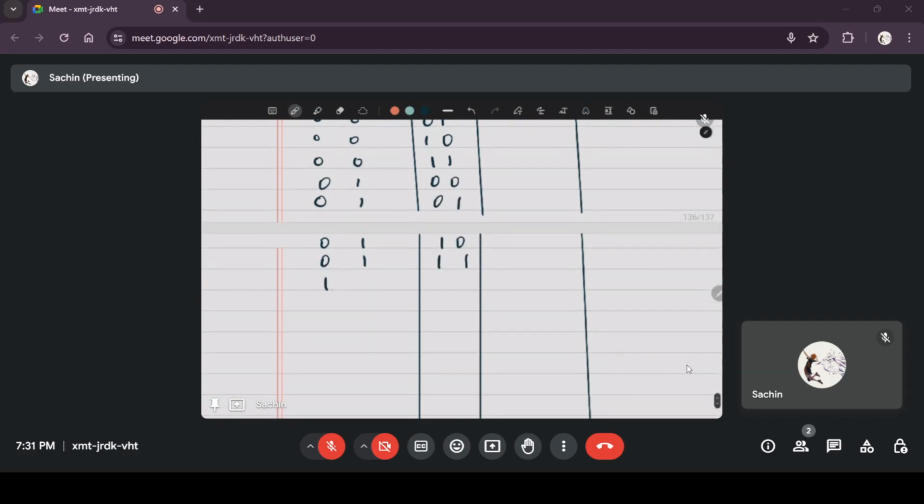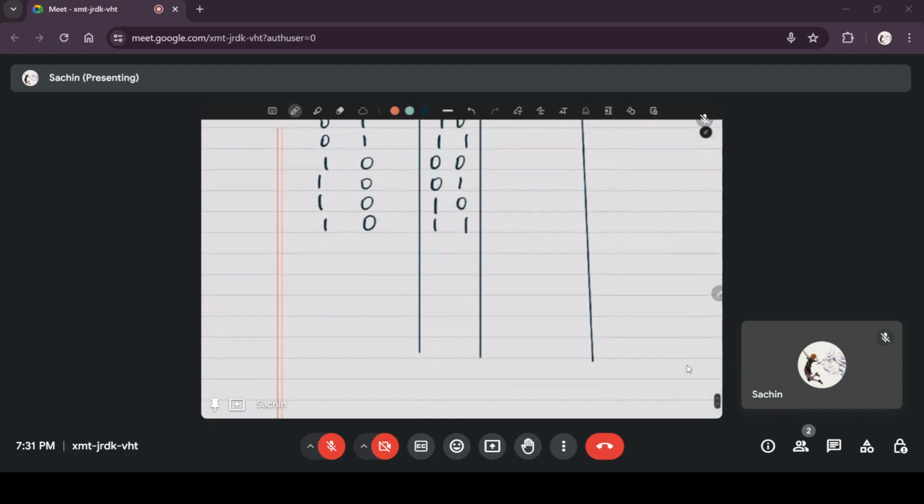Present state can be 1 0, with inputs 0 0, 0 1, 1 0, 1 1. And the present state might be 1 1, and the inputs might be 0 0, 0 1, 1 0, 1 1.